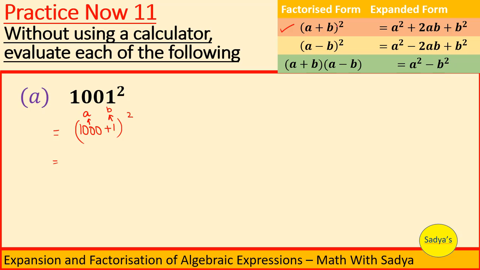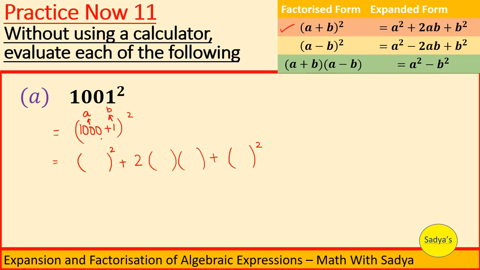So (a plus b) whole squared can be written as a squared plus 2ab plus b squared. First of all, write down the structure of the identity, a squared plus 2ab plus b squared.